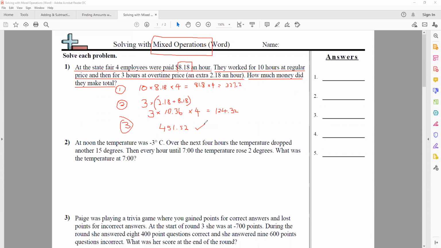You need multiple steps. The temperature was -3 Celsius. Over the next 4 hours, the temperature rose another 15 degrees. Then until 7 p.m., the temperature dropped 2 degrees. What temperature was it at 7 p.m.?